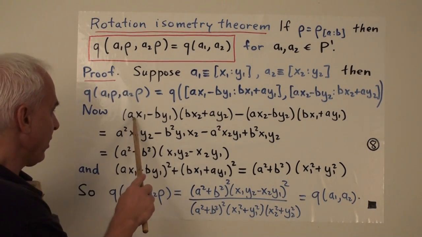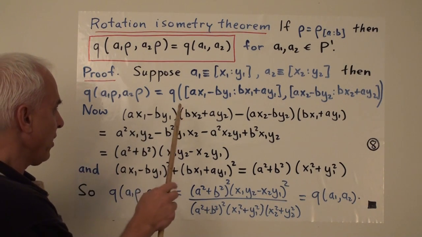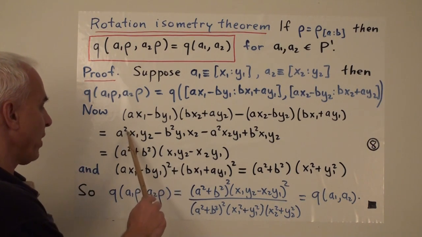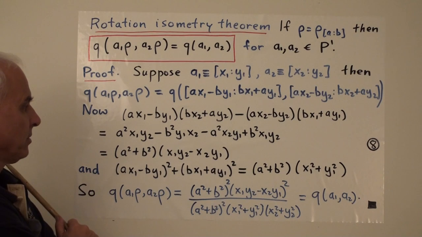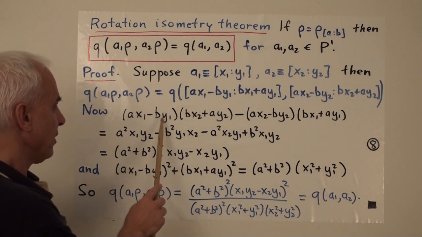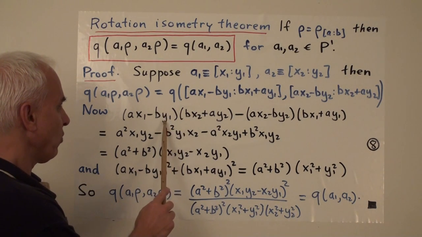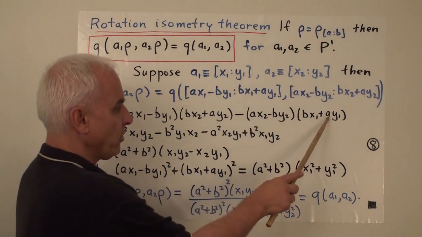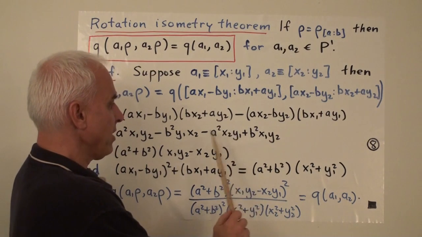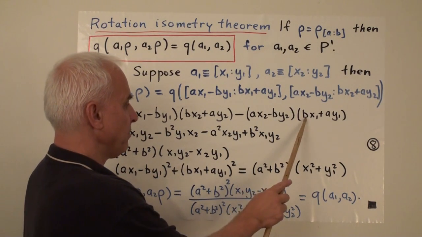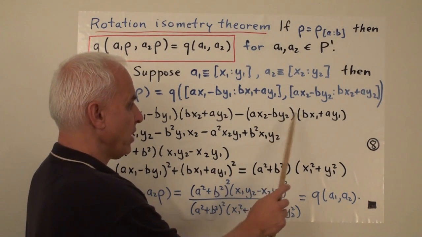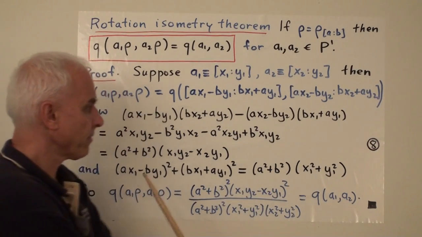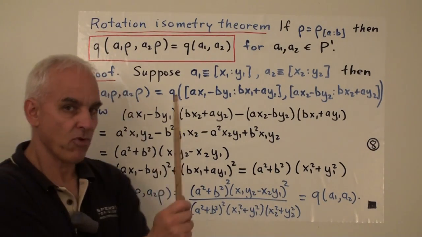And we're going to get, for example, AX1 here with an AY2. That'll be A squared times X1 Y2. And the B squared terms here, B squared Y1 X2 will appear. And over here there will be an A squared with an X2 Y1 and a plus B squared times X1 Y2. But there will also be some cross terms.